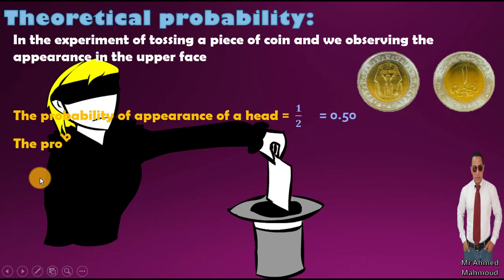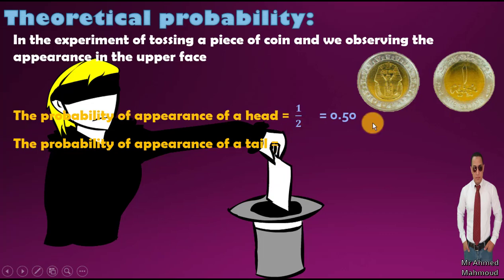Also the probability of appearance of a tail equals one out of two faces, so it is 1 over 2 or 0.5. So in the theoretical probability, we expect what will happen without doing the experiment.